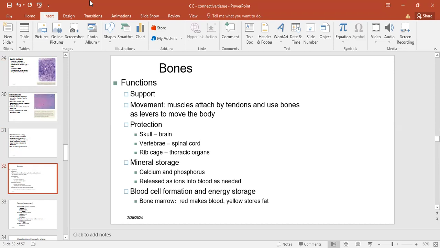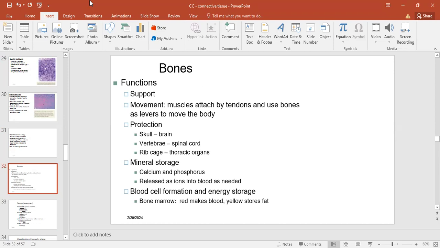We also talked about the extracellular matrix being made up of a gel-like substance, which is called ground substance. This is a gel where everything is, the cells and the fibers. And we said that this ground substance is made up of macromolecules. Most of these macromolecules are protein in nature.